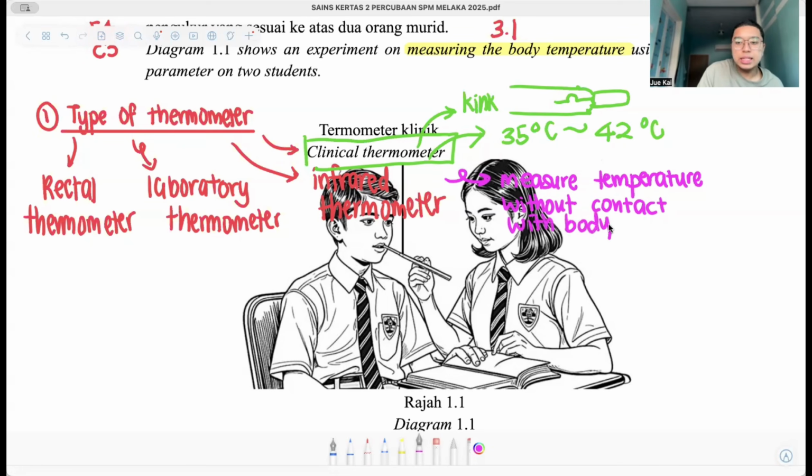So this is the thing: it measures temperature without any contact with the body. How do you measure? 5 cm from the forehead.